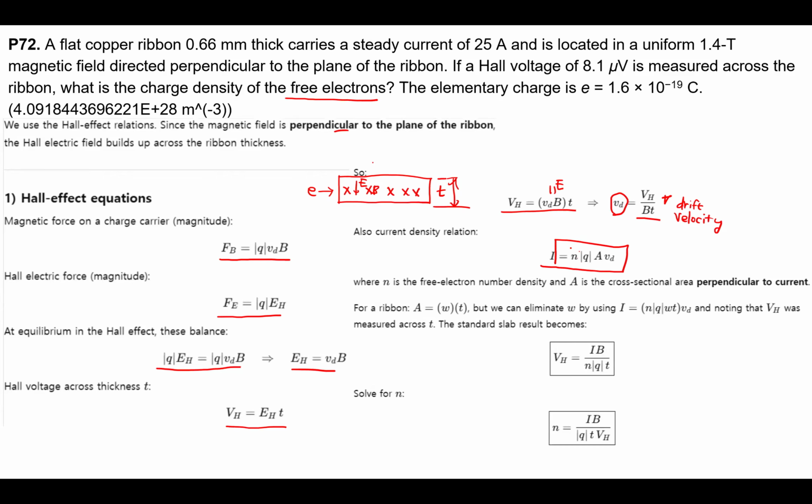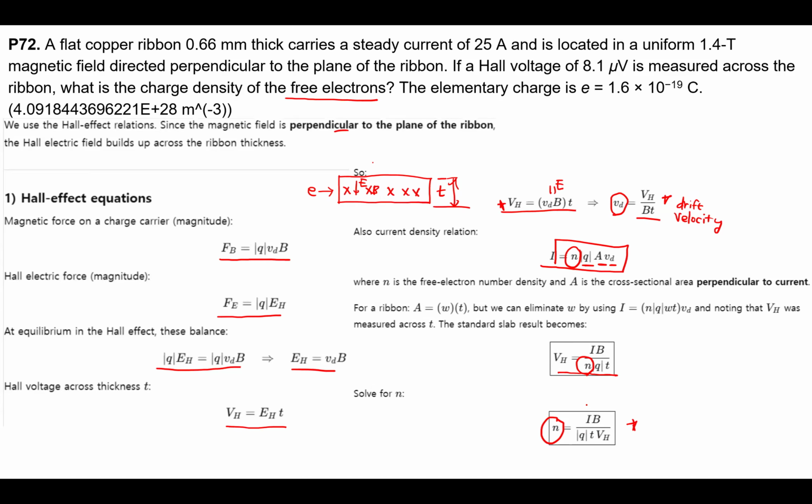Okay, so this is our density of carrier charges, and its charge in coulomb, and area times your drift velocity. Okay, and then if you go back to these equations, you have the Hall voltage is this one, and in terms of n, which is what we want to find, n is given by IB over QT VH.